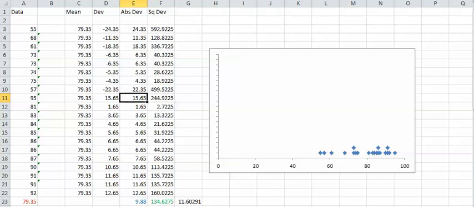The fact that the absolute deviation goes up means that the MAD increases, and the fact that the squared deviation goes up means that the variance increases. And when the variance increases, the standard deviation has to go up along with it.